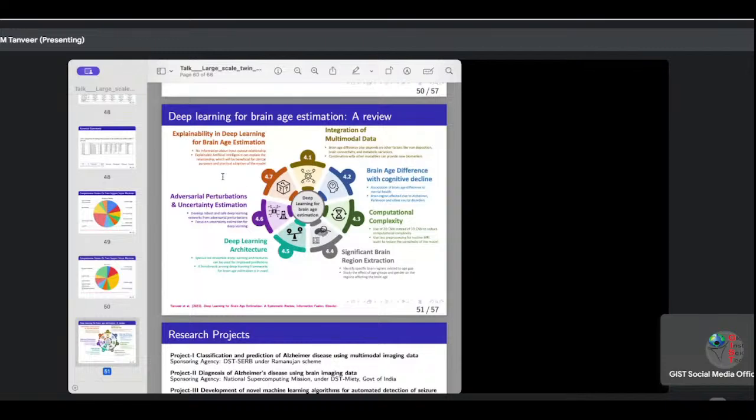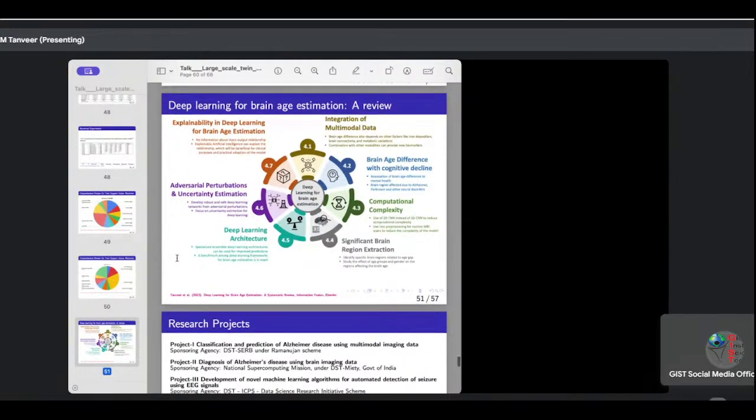Some of the directions are explainability in deep learning for brain age estimation, integration of multimodal data, brain age difference with cognitive decline, computational complexity, significant brain region extraction, developing deep learning architectures that can help to improve the performance to predict the brain age, and adversarial perturbation and uncertainty estimation. So these are the possible directions.